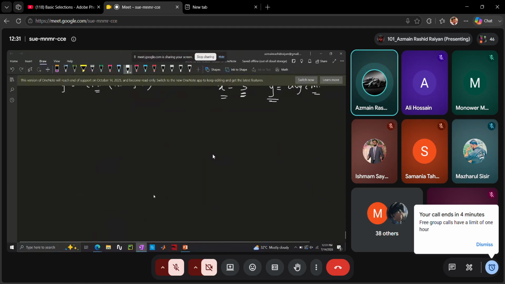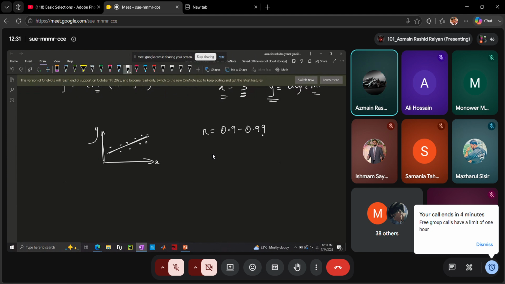Okay, let's see an example. Let's say this is my y-axis and this is my x-axis. This is my line from the regression model and these are my points from the data. If my correlation coefficient is closer to 1, let's say 0.9 to 0.99, then these points will be very close to this straight line.